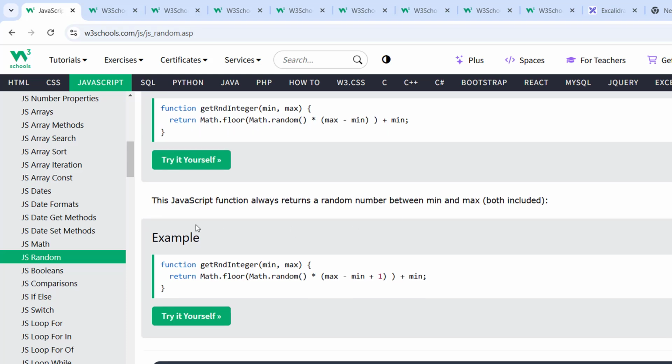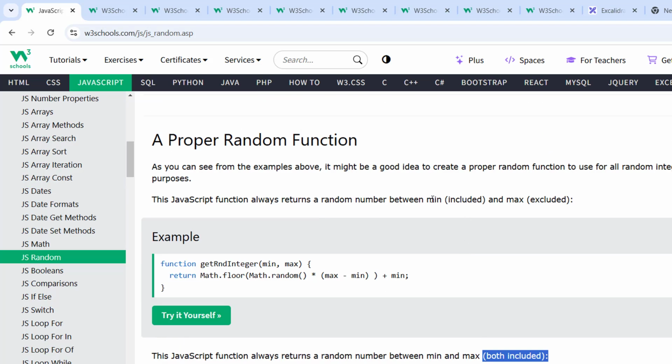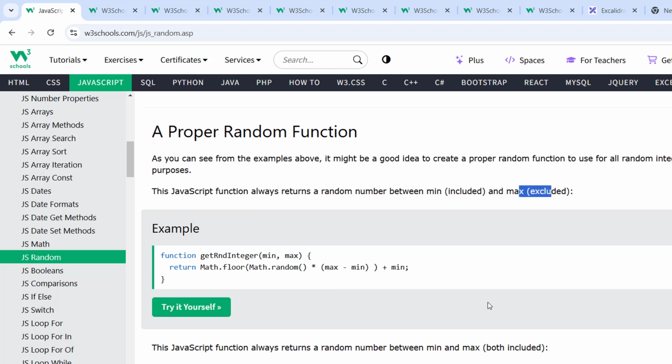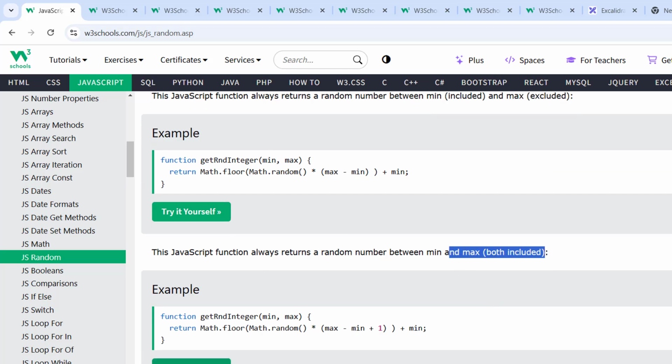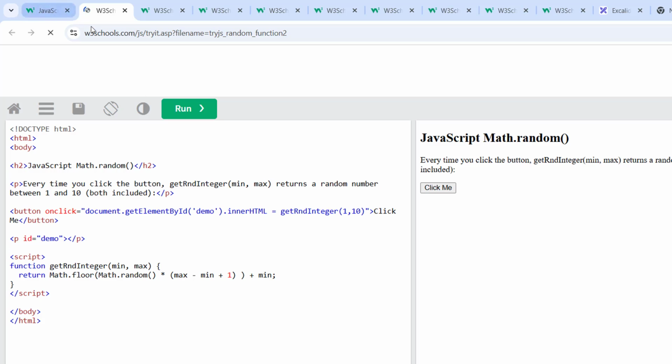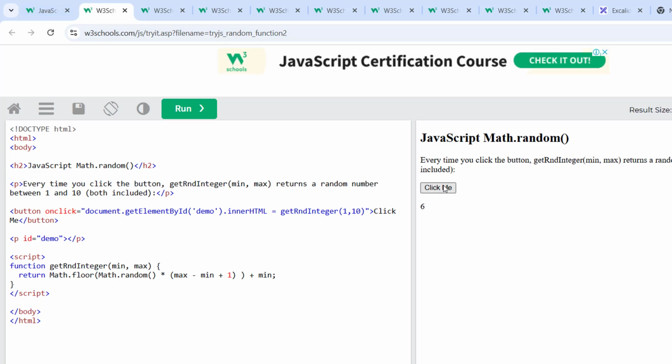Similarly, this JavaScript function always returns a random number between min and max both included, whereas the earlier one is min included, max excluded. This is the final, ready-made function; you can use it.